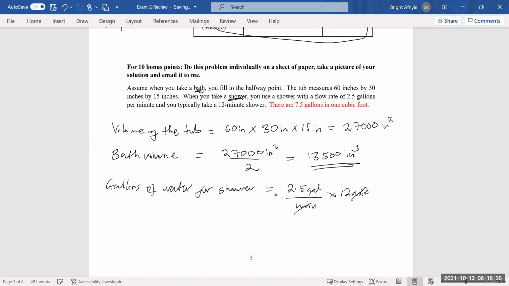So minute takes care of minute, and this will give you 30 gallons. So for your shower of 12 minutes, you are dispensing 30 gallons of water.